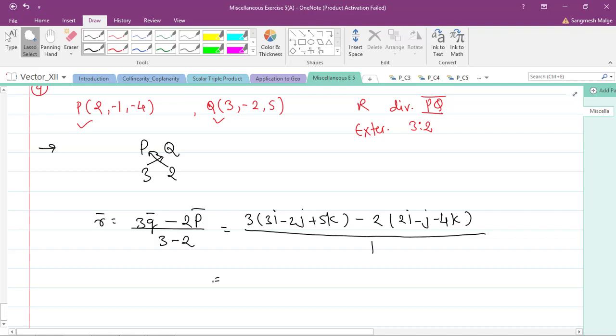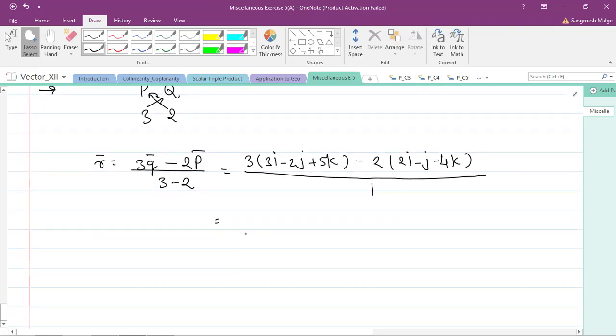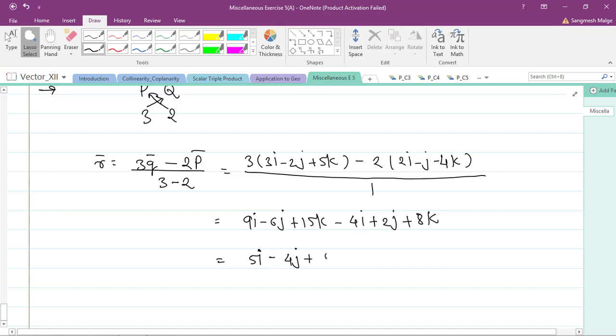It is equal to 3 threes are 9i, so 9i minus 6j plus 15k minus 4i plus 2j and plus 8k. So this is equal to 9 minus 4 is 5i, minus 6 plus 2 is minus 4j, and 15 plus 8 is 23k.